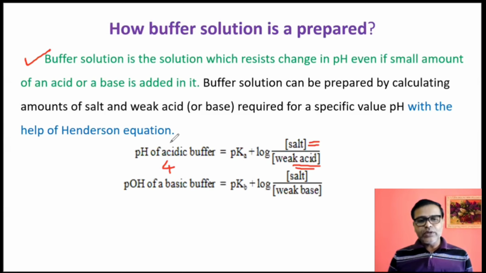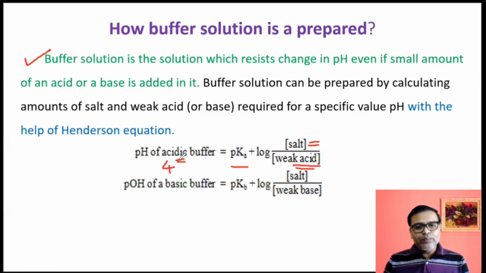Suppose here we are taking acetic acid, so the pKa value of that acetic acid is to be taken, or of whatever acid you are taking. Then log of concentration of salt upon concentration of weak acid. This is the formula by which we can find the amount.